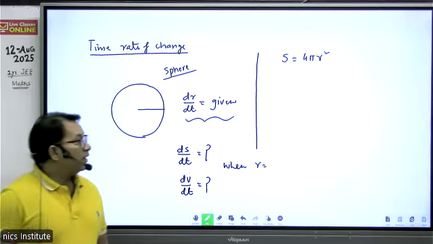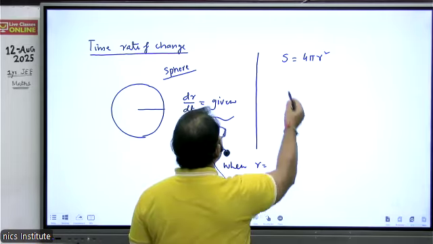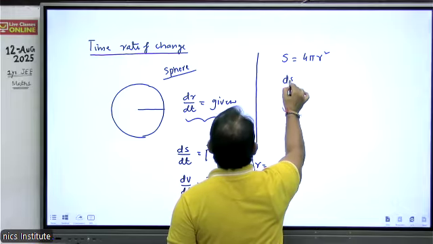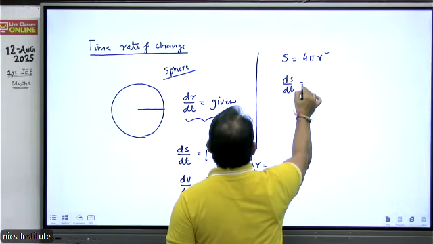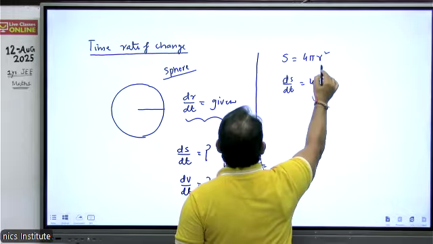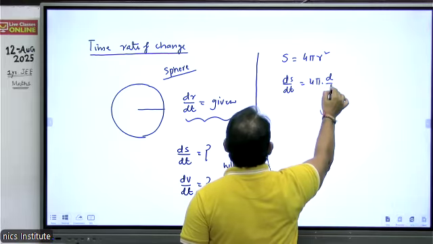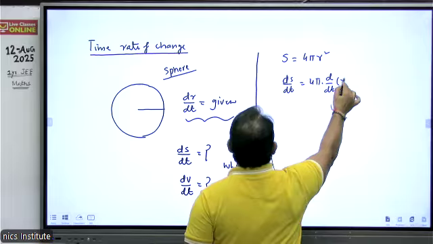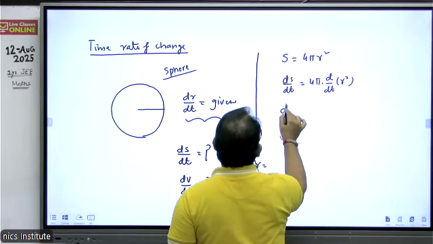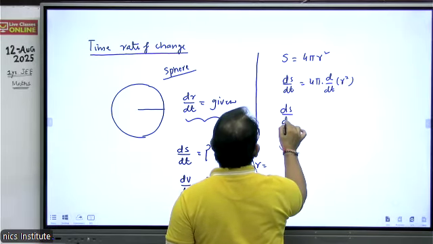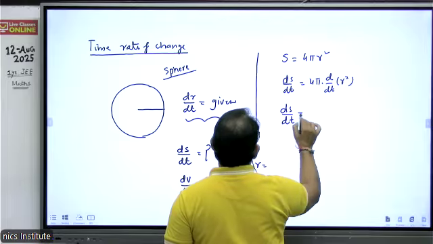So then you can differentiate both the sides. dS by dt will be 4 pi, which is a constant, times the derivative of r square with respect to t. You are differentiating r with respect to t, not with respect to r.